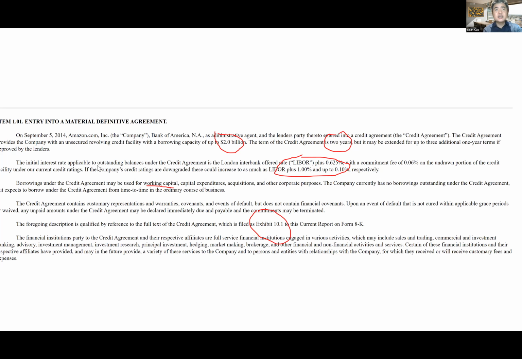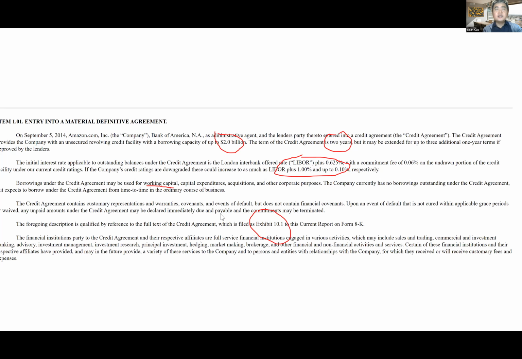So what I'm saying is, what you are seeing here is just a summary of the loan contract. You can get the exact loan contract from exhibit 10.01. Okay, one question I want to raise here is, in project 2, you need to extract the information from the 8-K.